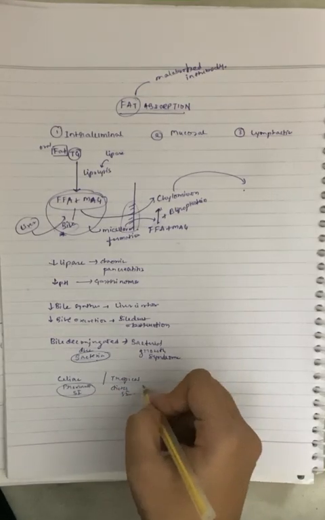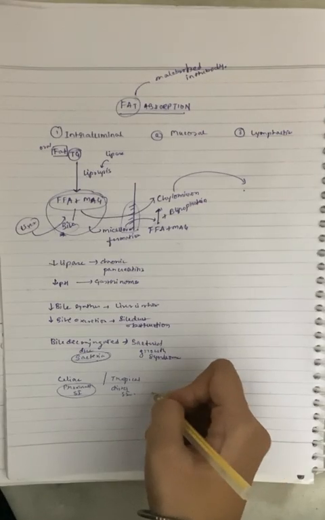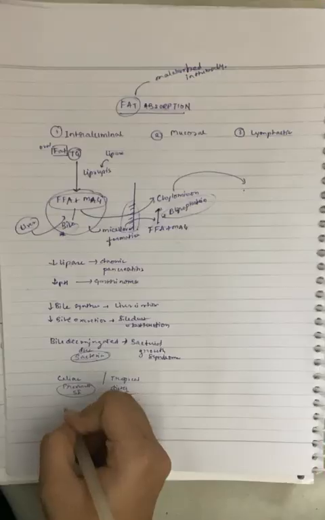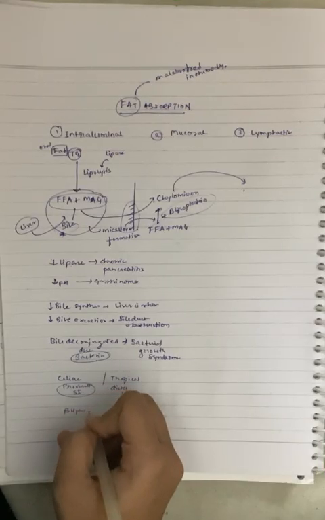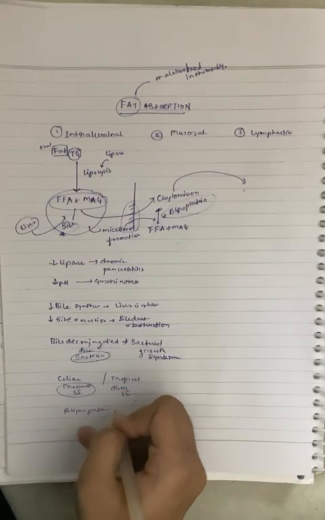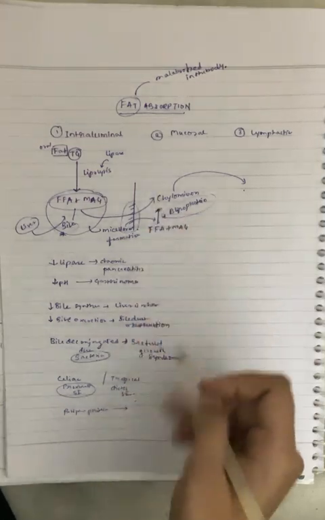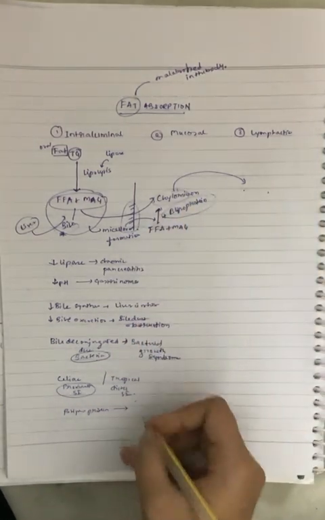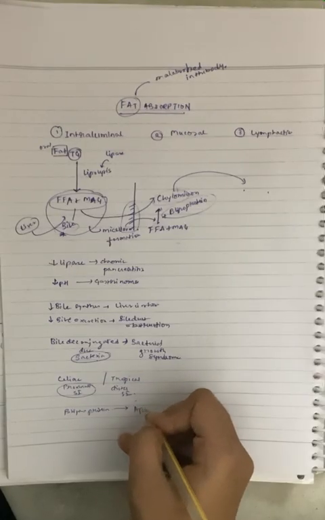Then if beta lipoprotein is not present, sorry for my handwriting, then chylomicron will not be formed and it will not go into the lymphatic phase. So abetalipoproteinemia.